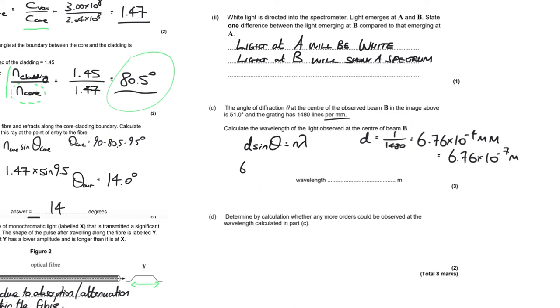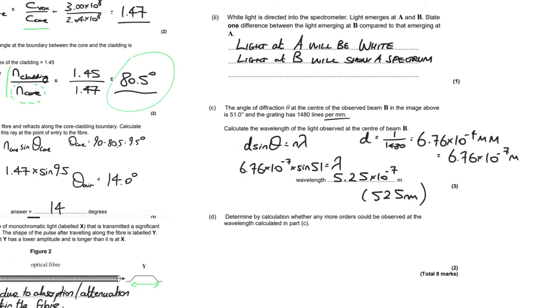So then if I put that into my equation, 6.76 times 10 to the minus 7 times sine of 51, that's going to give me my wavelength, which will be 5.25 times 10 to the minus 7 metres, or 525 nanometres.